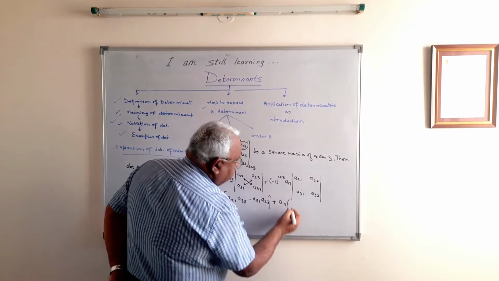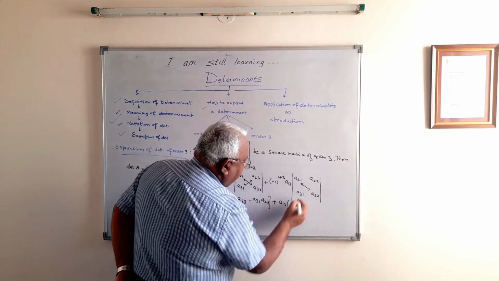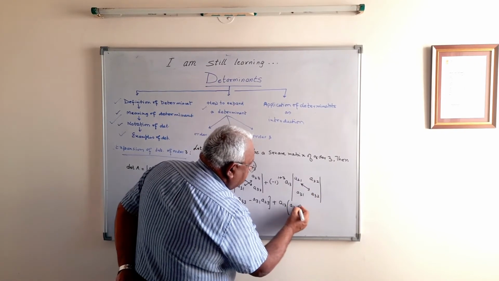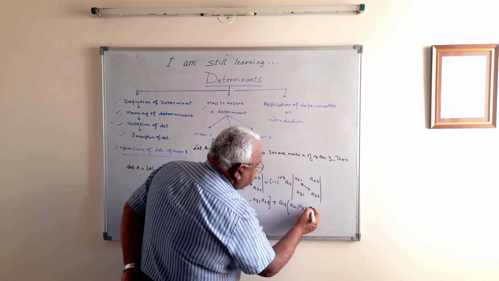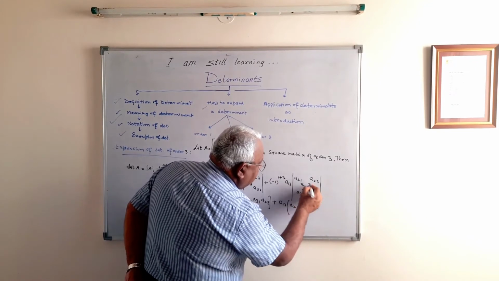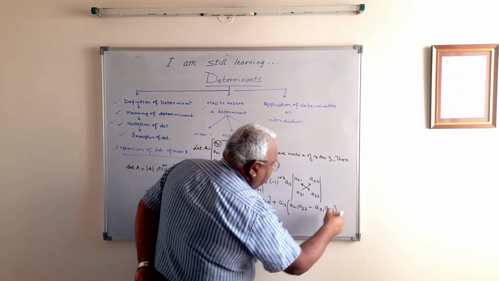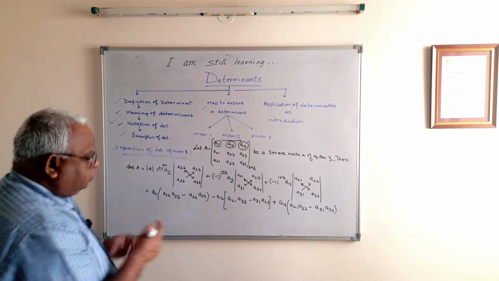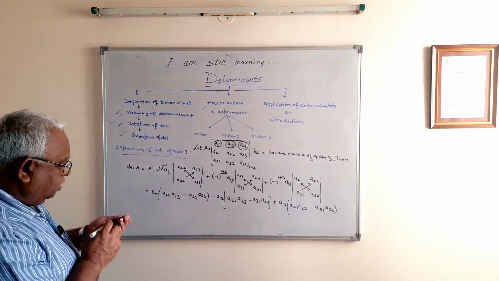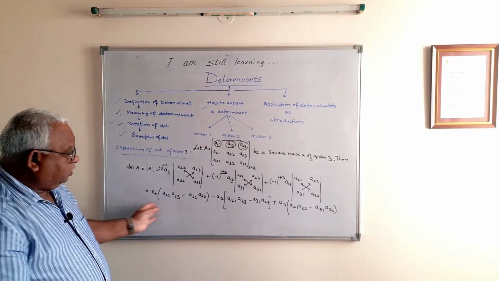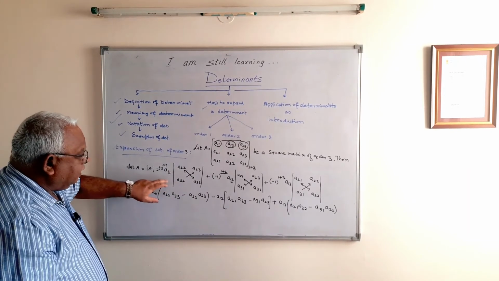A13, and then you write A21, A32 minus A31 into A22.